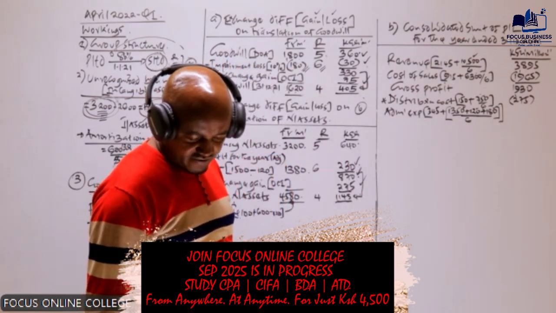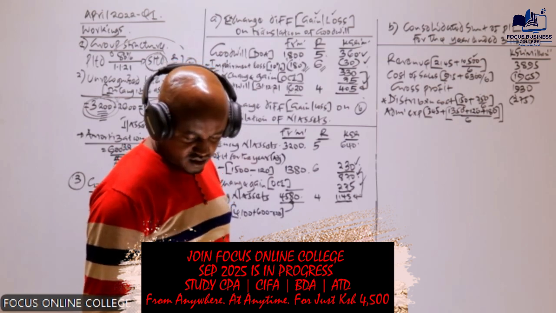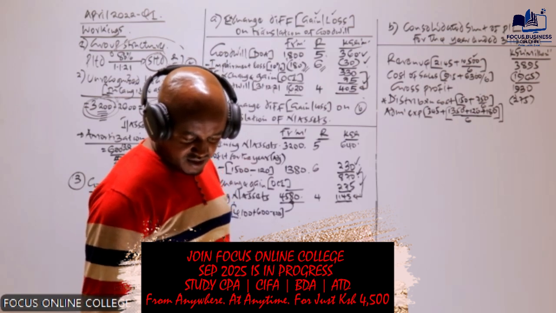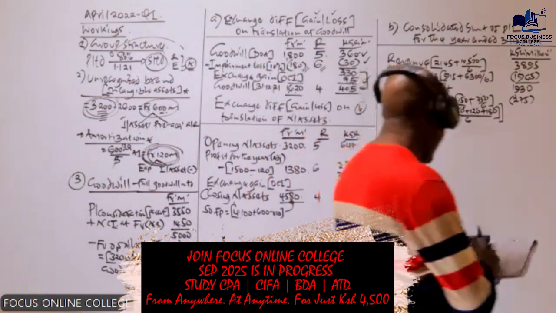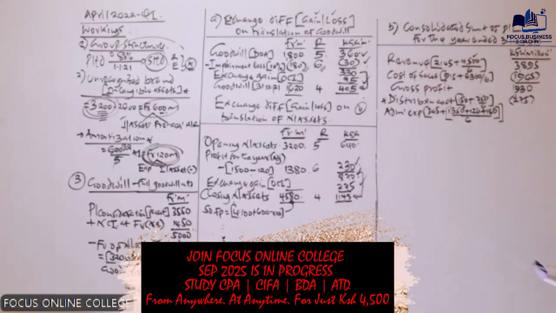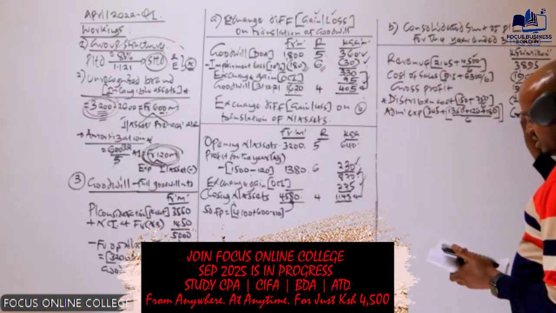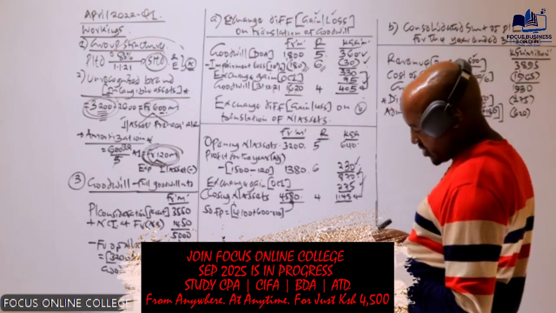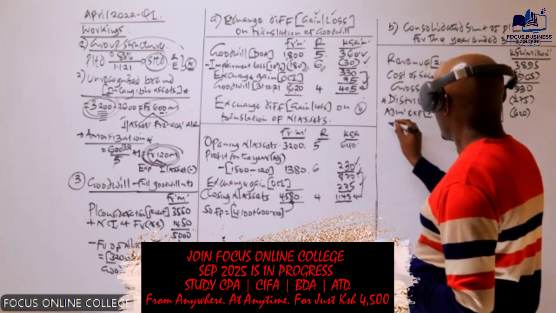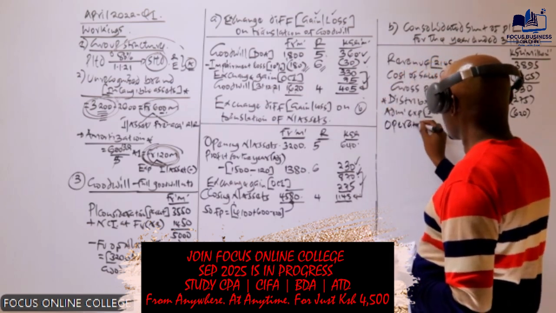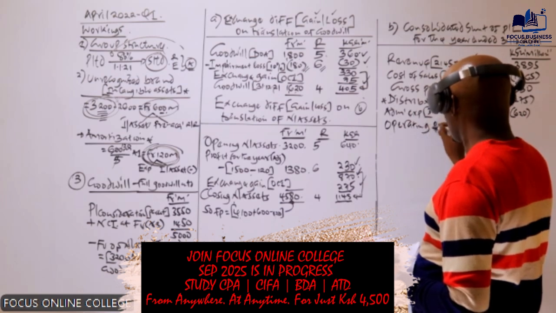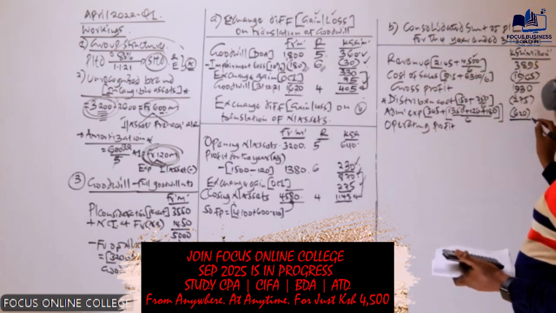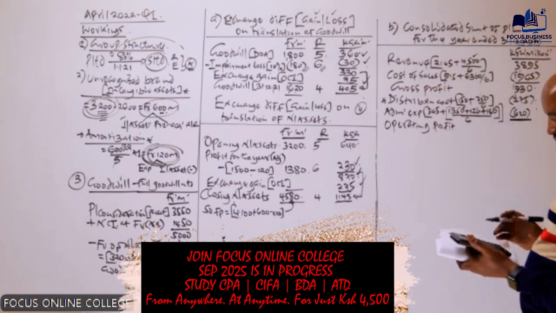So we take 1350 plus 120 plus 180, divide that by 6, plus 345. In that case, I'm getting 620. I hope that is what you're getting. Yes. So then we get the operating profit: this minus the two expenses.